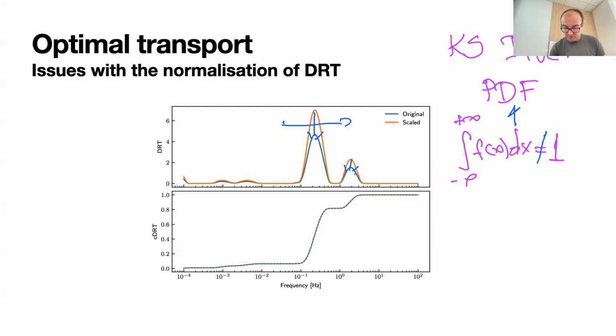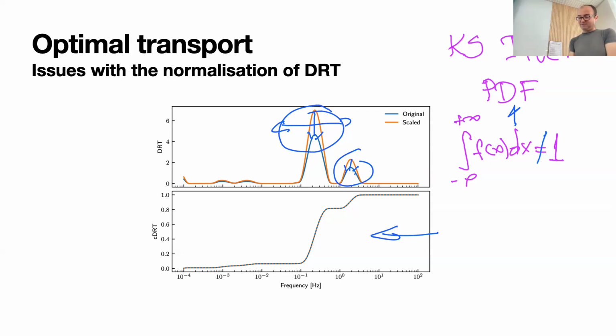It didn't move left or right. It just expanded. And if I normalize these two so that they have an integral of 1, I will not distinguish them anymore. They will be exactly the same. And our tools will say there are no changes in the DRT when there are clearly changes here.